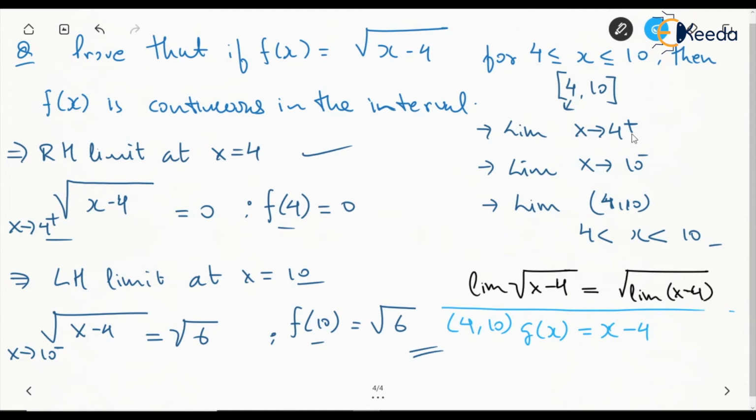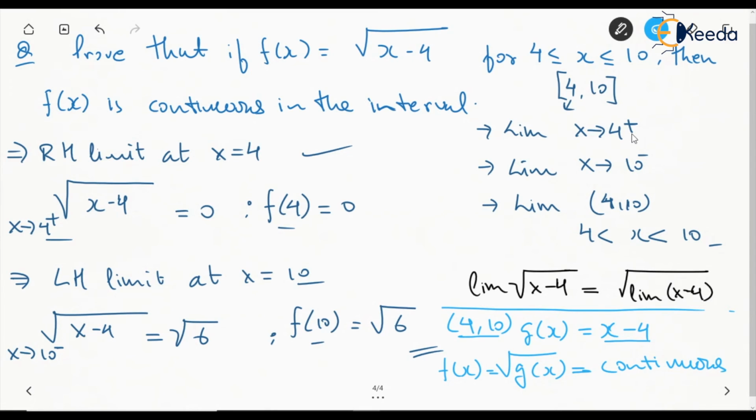Now we can see this is a first order polynomial, and we know that a polynomial is continuous and differentiable at every point. So although this function is defined piecewise, or in a certain interval, even then for this interval 4 to 10 this function is going to be continuous. And once g of x is continuous, under root of g of x, which is f of x, will also be continuous.